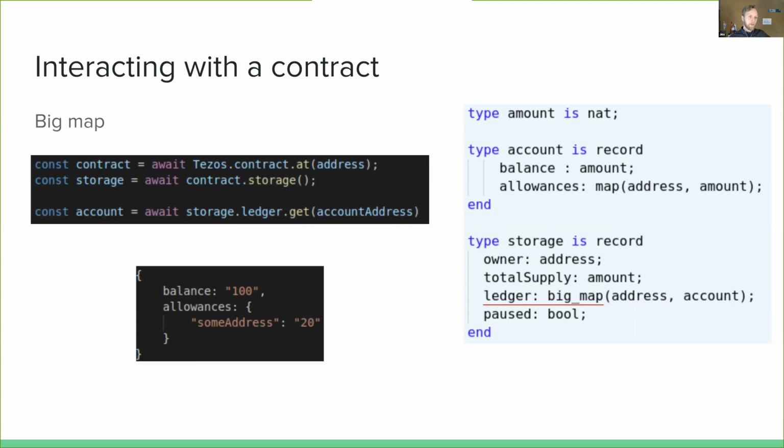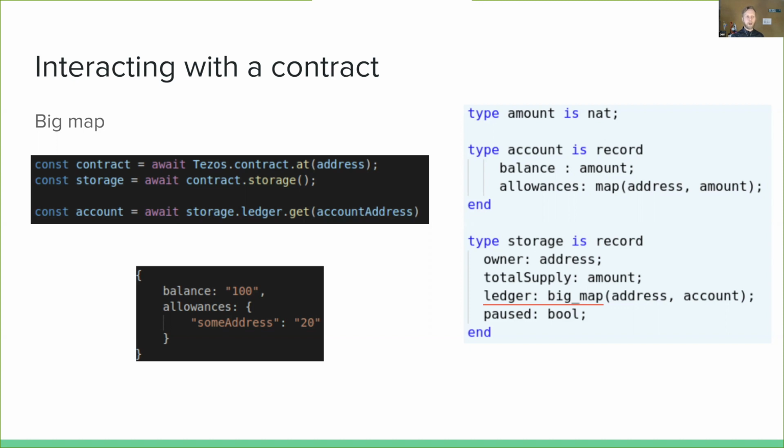So here's a quick example of what we see with a big map. As I mentioned before, a big map is a lazy loaded map. And in order to fetch values from a big map, you have to do a lot of, I dare say, obscure, tedious encoding of keys and so on to get data out of the RPCs. We make that a bit easier.